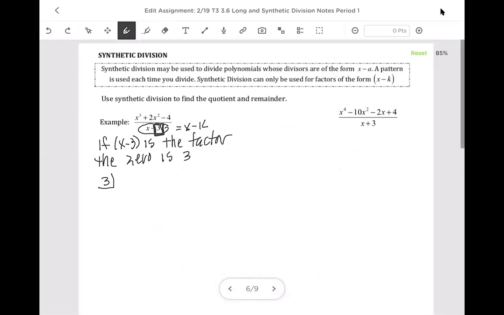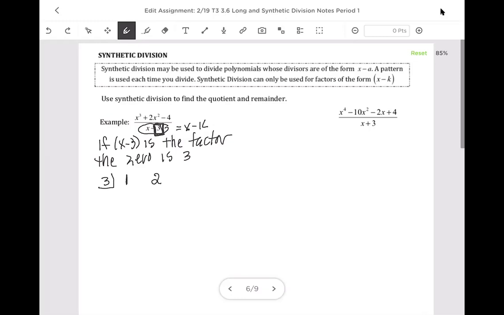What goes next to it are the coefficients of the polynomial, putting zeros in for any terms that are missing, just like we did in long division. So x cubed, the coefficient is 1. X squared, the coefficient is 2.